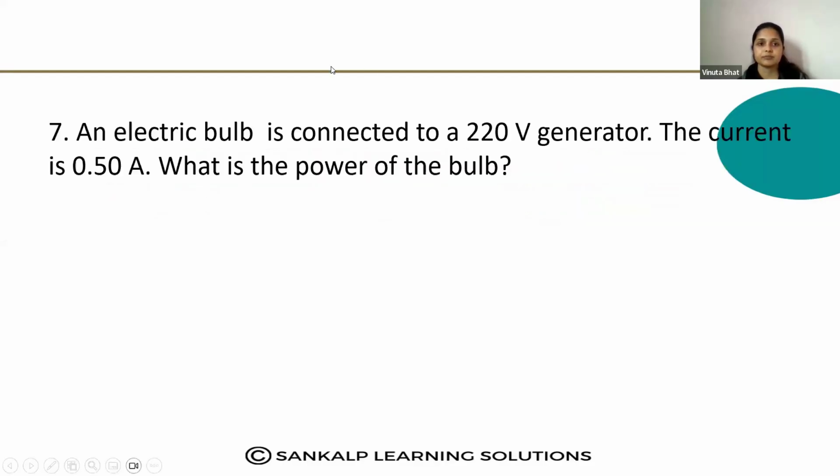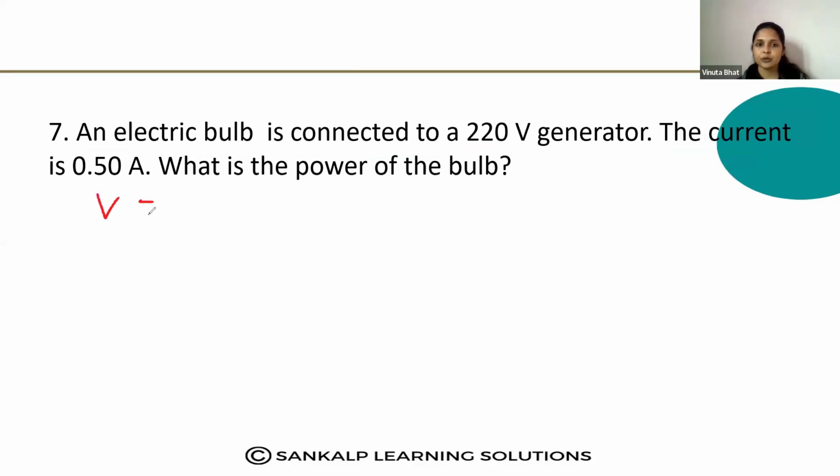Next question. An electric bulb is connected to a 220 volt generator. The current is 0.50 ampere. What is the power of the bulb? So this is a very simple question where V is given.